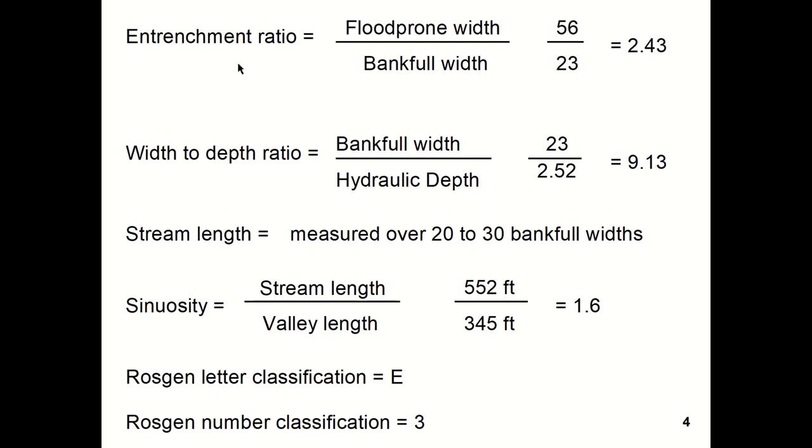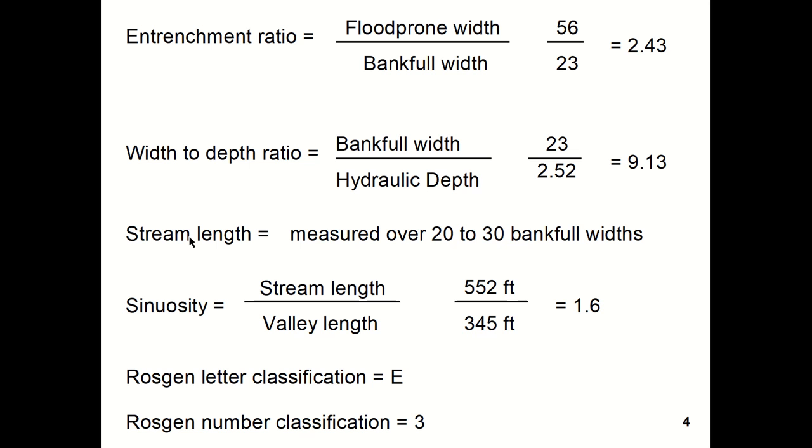The entrenchment ratio is calculated as the flood-prone width divided by the bankful width. 56 over 23 gives you 2.43. The width to depth ratio is the bankful width divided by the hydraulic depth. So that would be 23 divided by 2.52, giving 9.13.